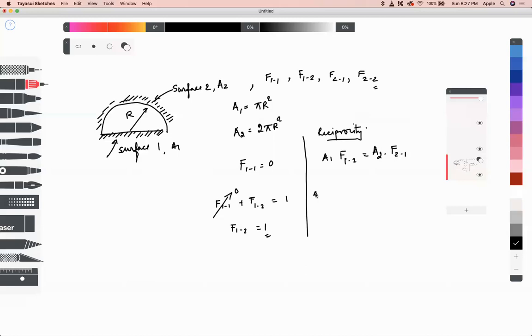A1 is pi r square and F1 to 2 we have already found out is 1. A2 is 2 pi r square and F2 to 1 is unknown to us. So pi r square will cancel and F2 to 1 will become 1 by 2, which is 0.5. That means 50% of the radiation leaving surface 2 will be received by surface 1.